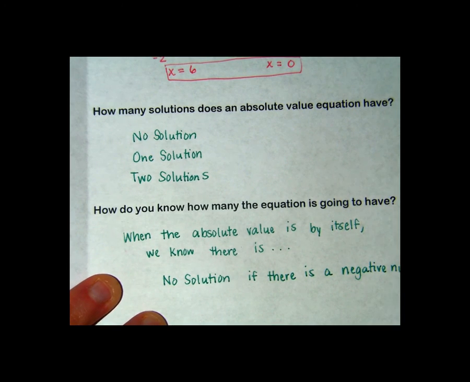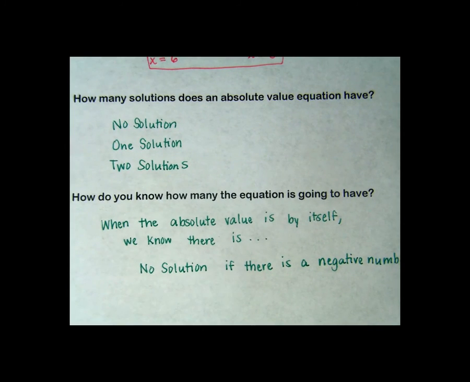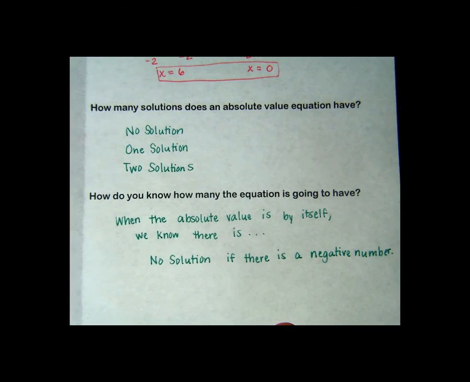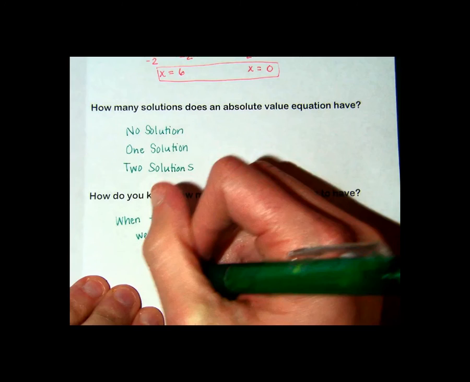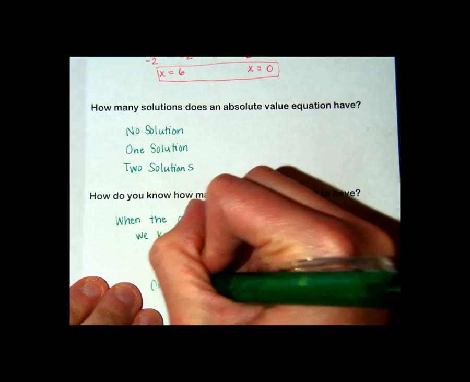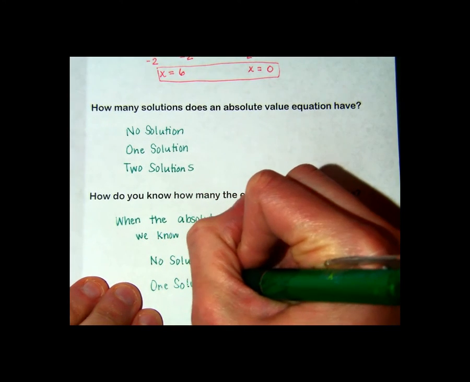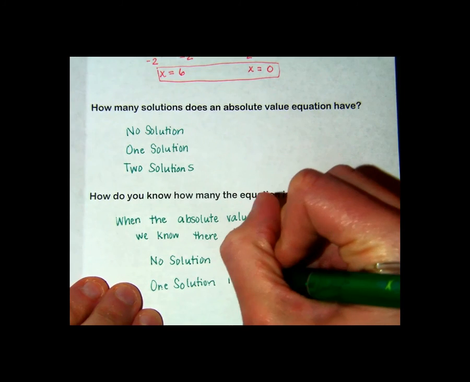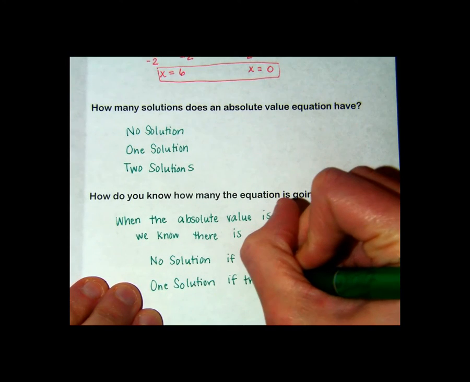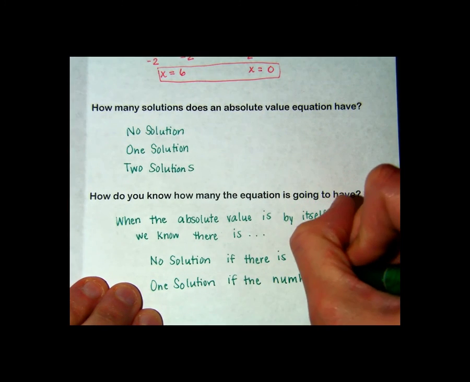To make sure you can see that, zoom out just a little bit. We know it is one solution if the number is 0.